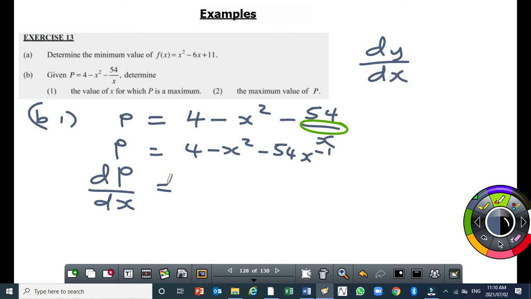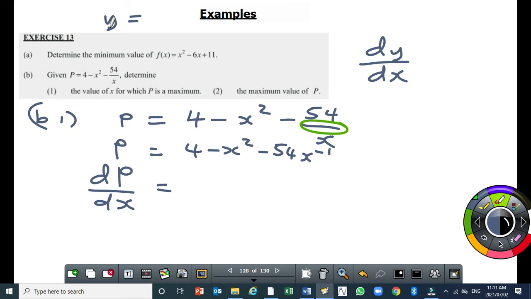So it means instead of writing dy over dx, I'm sure you can see that in the past we used to write y equal to. So this y here has been replaced by what? It has been replaced by p, which means where I used to write dy, I now write dp.